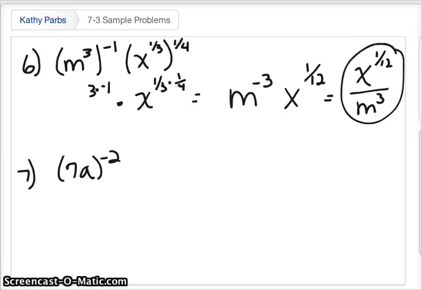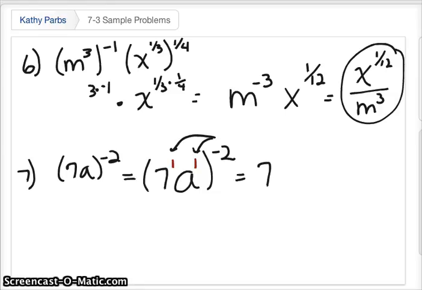Remember, I told you in class that it's a good idea to rewrite these expressions so that everything in the parentheses has an exponent on it. And now you'll remember that you have to distribute this -2 to every exponent that's inside the parentheses.